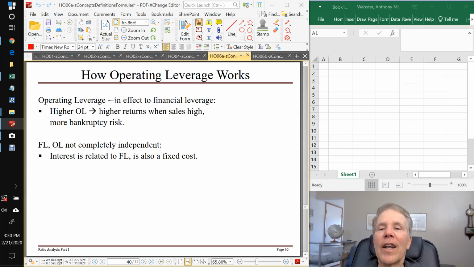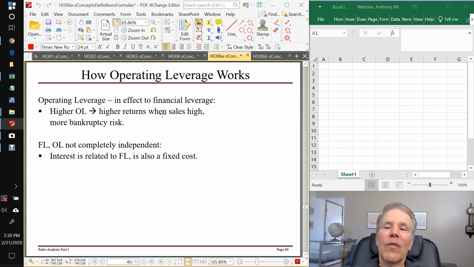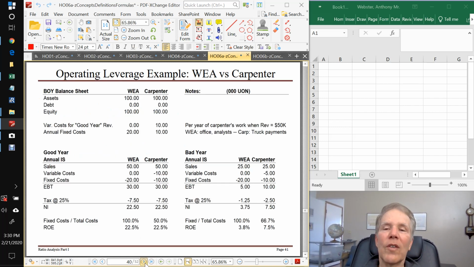Okay, and so operating leverage, like I said, is very similar in effect to financial leverage: higher operating leverage, better returns to owners in good times, but more bankruptcy risk. And they're not completely independent because interest is clearly a fixed cost, but it's also related to financial leverage.